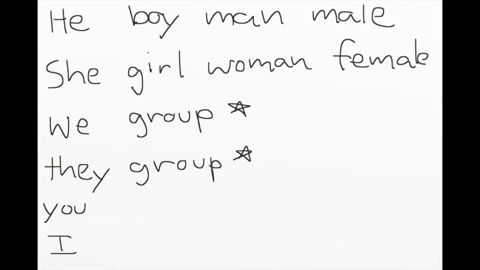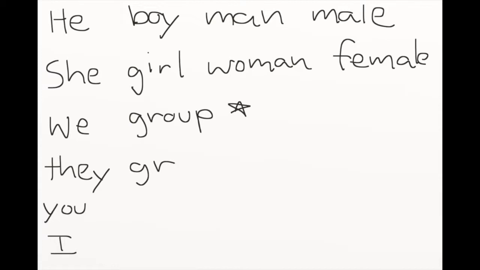Okay, so you are not with them, or you are not going to do what they are doing necessarily. Okay, and you, obviously, you are talking to someone across from you, having a conversation, maybe at lunch or any scenario, but you are talking to someone in front of you or around you. And then I, you are talking about yourself.